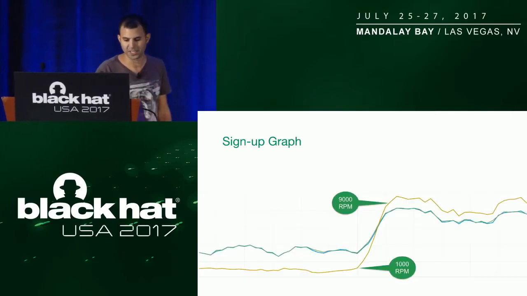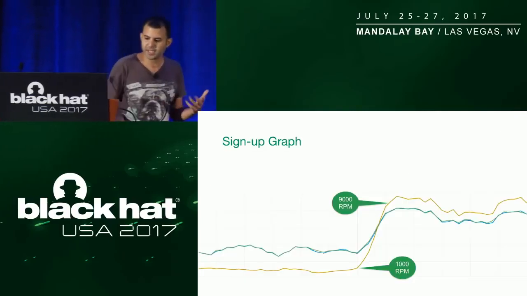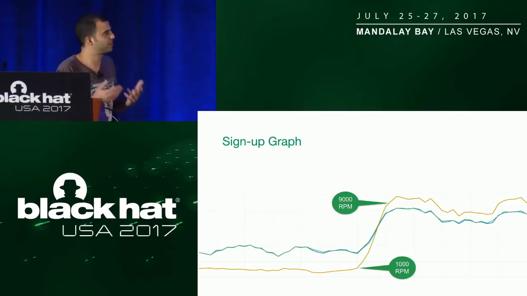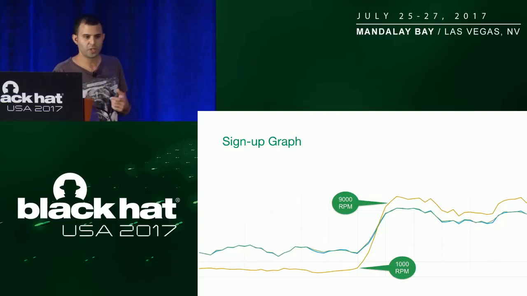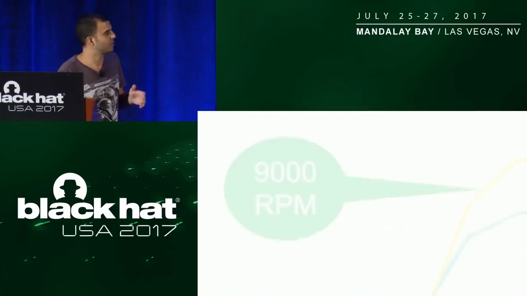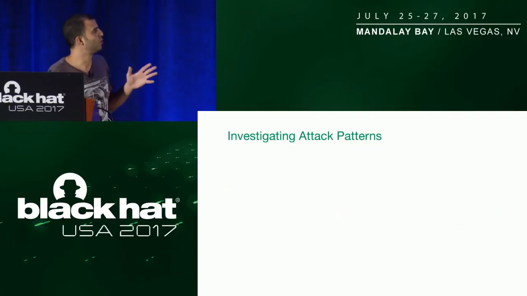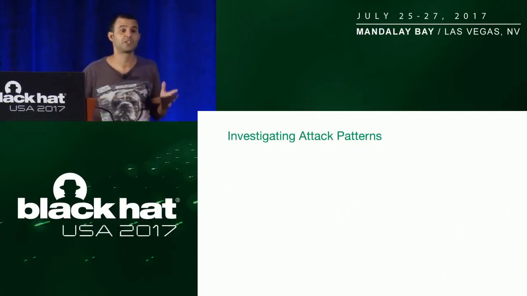So back to our attack, we started investigating deeper what is the origin of these requests, and we found a few patterns. So this is what we knew during the investigation of this attack.